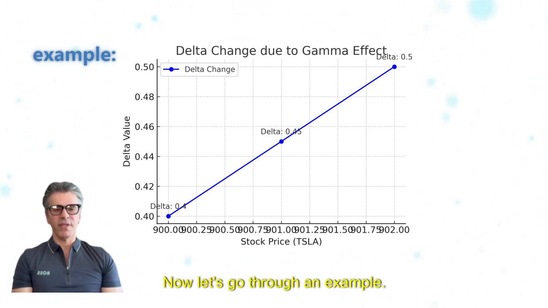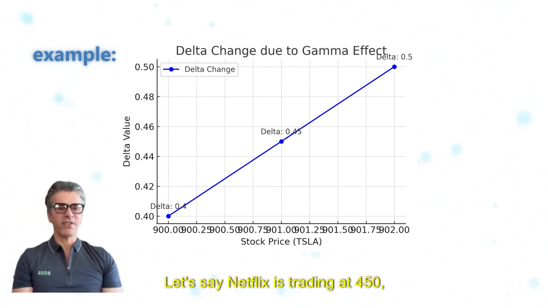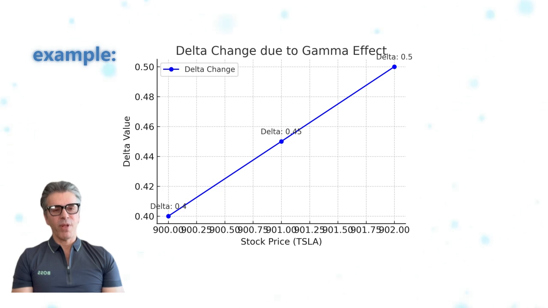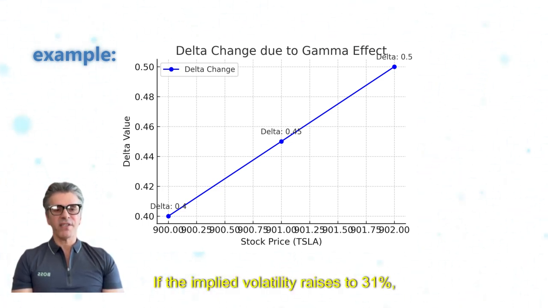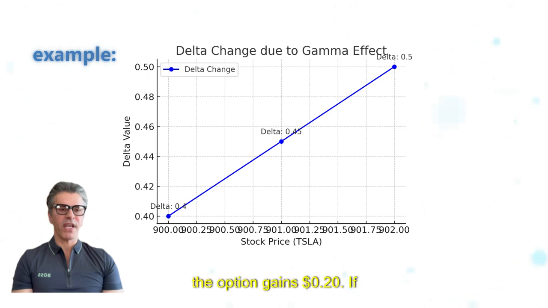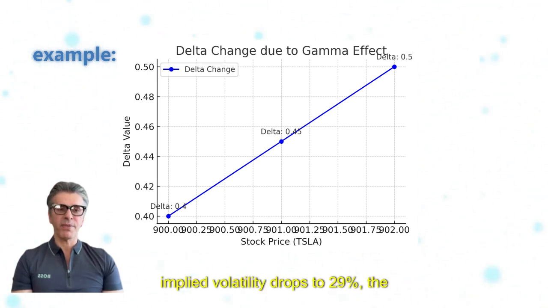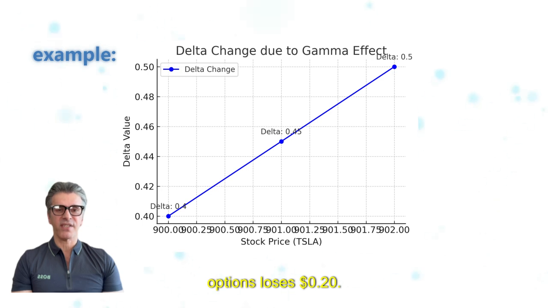Now let's go through an example. Let's say Netflix is trading at 450 and you buy an option with Vega 0.20. Currently, the implied volatility is 30%. If the implied volatility rises to 31%, the option gains 20 cents. If the implied volatility drops to 29%, the option loses 20 cents.